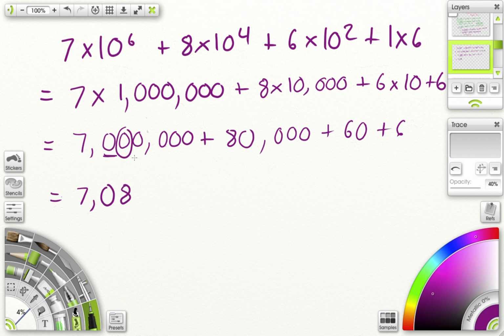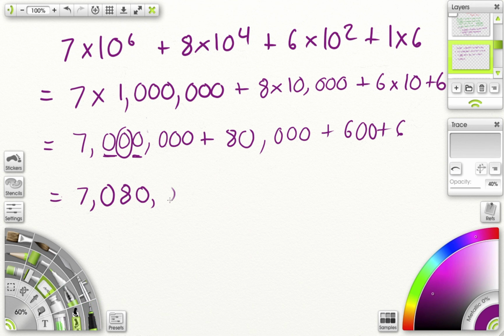Now our thousands place, we don't have anything in the thousands, so that remains a 0. Now we have our hundreds. Or sorry, we do have something for hundreds. I forgot. That was supposed to be there.